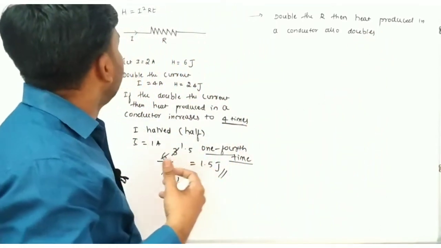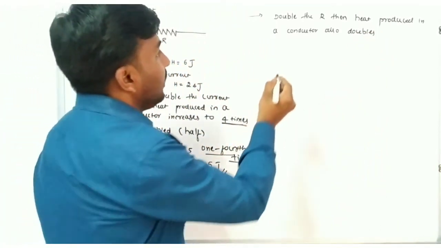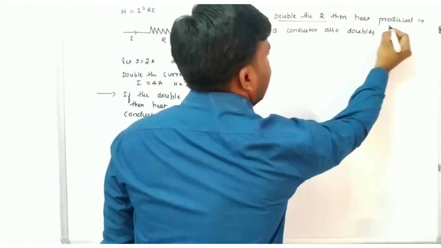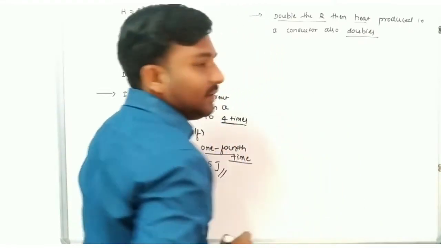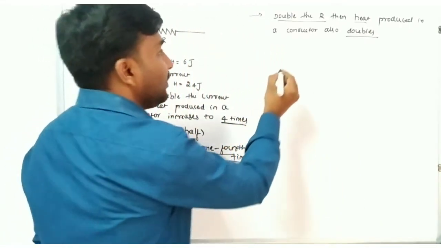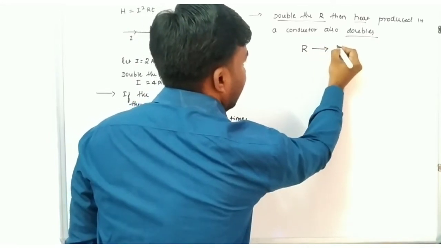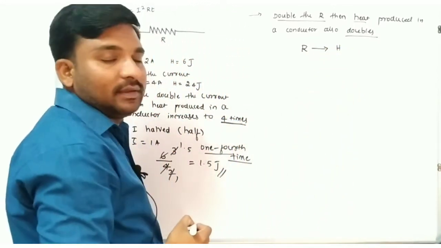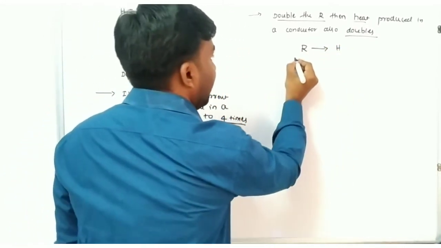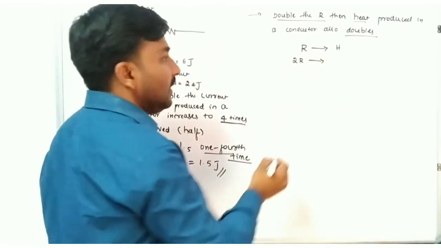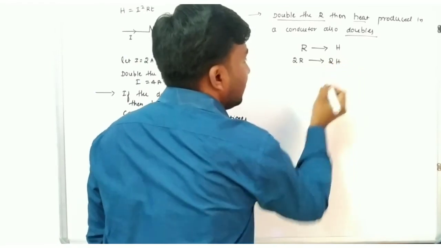So double the resistance, the heat also doubles. Got the idea? Let's suppose that when the resistance is R, the heat produced is H. When the resistance is doubled, what about the heat? It will also double.